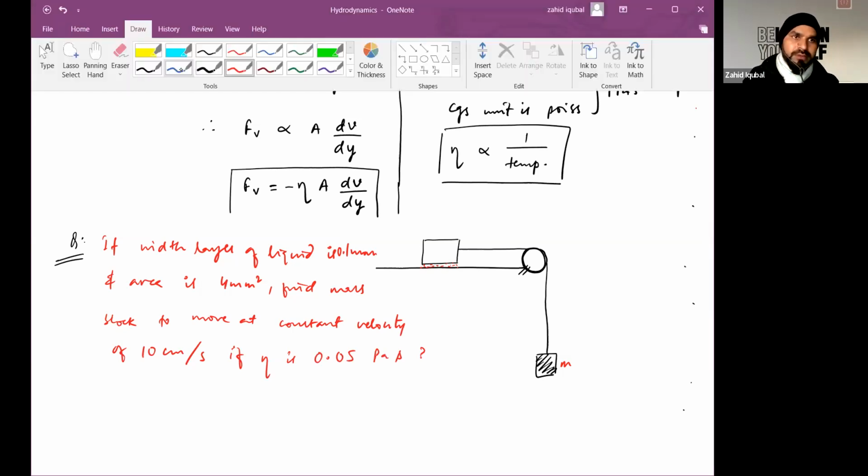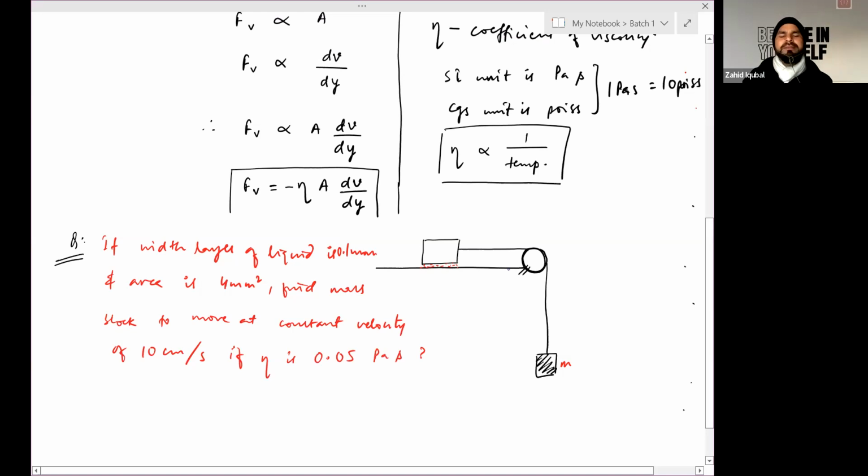Let me explain how to simplify it. This layer of liquid, which is behind this block, must be experiencing some viscous force, as it will tend to oppose the motion of this block. So there will be a viscous force along this direction. This force will be overcome by this mass, which experiences a downward force due to gravity.